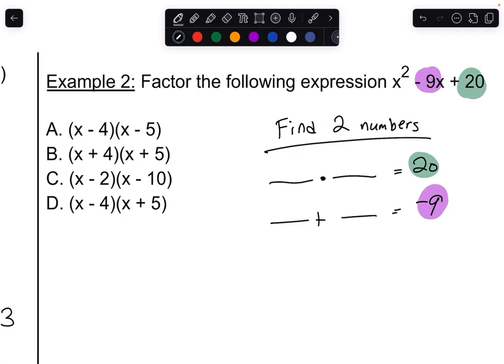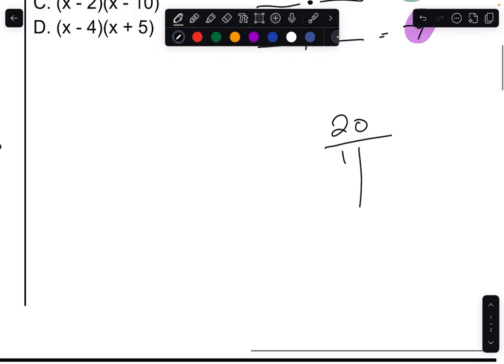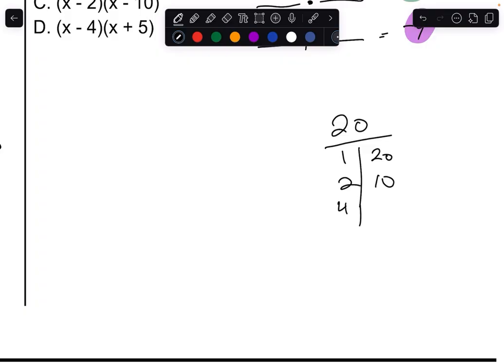A couple of different ways to approach that. One way is to say, well, there's a lot of numbers that add up to -9. But there's not that many numbers that multiply to 20. So let's make a list of numbers that multiply to 20. 1 times 20, 2 times 10, 4 times 5, 5 times 4. Oh, wait, that's still the same thing as 4 times 5. So we're kind of done there.